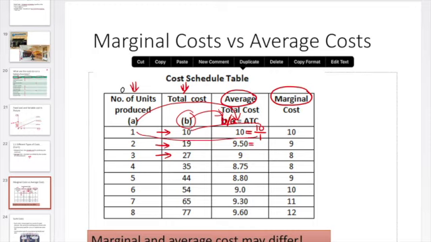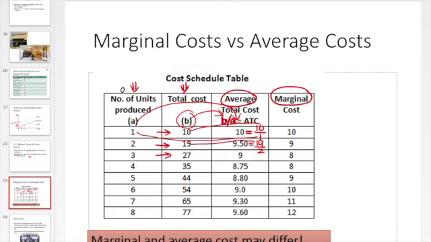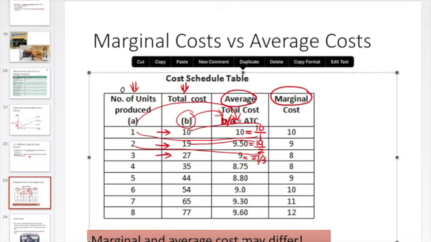Same thing, if you want to know the average cost for producing 2 items, you use the total cost of 19 divided by 2. This 19 comes from here, and this 2 comes from here. Same thing, for the average cost of producing 3 things, that number will be 27 divided by 3, because 27 is the total cost and 3 is the number of units produced.